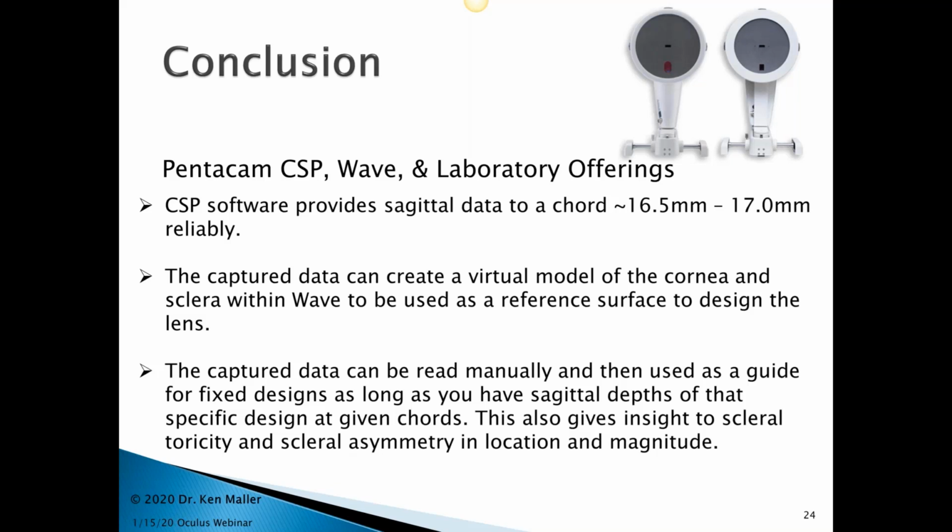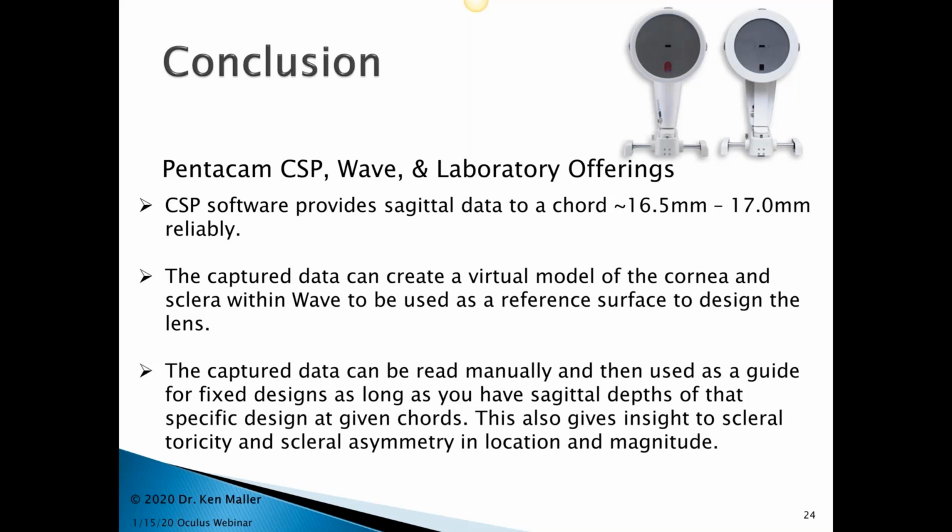For example, if you end up with an asymmetry, and I did present this case in the last webinar that I did, it was a normal eye that had an asymmetry of about 1.2 millimeters. So we're talking about not toricity, but on the extreme high elevated as well as the extreme low depressed portion of the sclera, it was over 1 millimeter different.